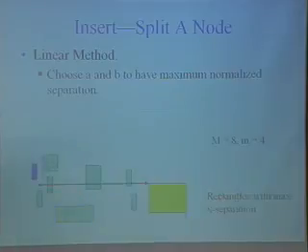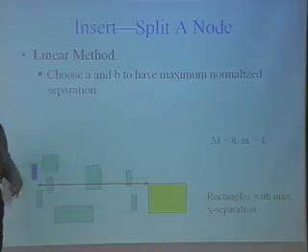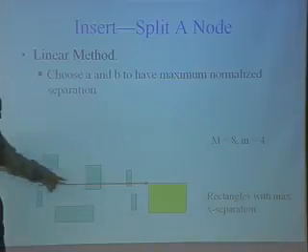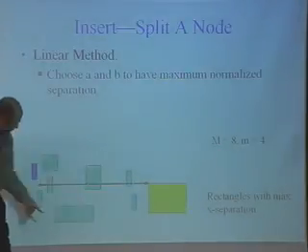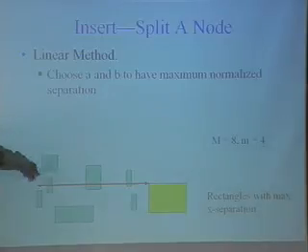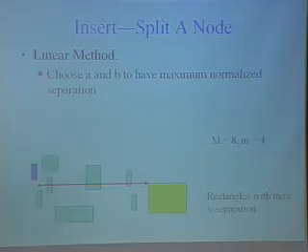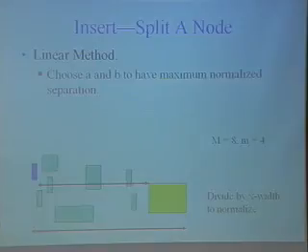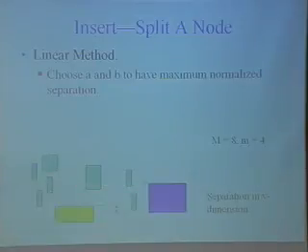So if you're looking at the normalized separation of this blue and that yellow, you look at the largest left edge, that's this one, and the smaller right edge, and subtract the distance. So you find the rectangles which have the maximum x separation, and you divide that by the spread in x values to normalize. You do the same thing in the y direction.